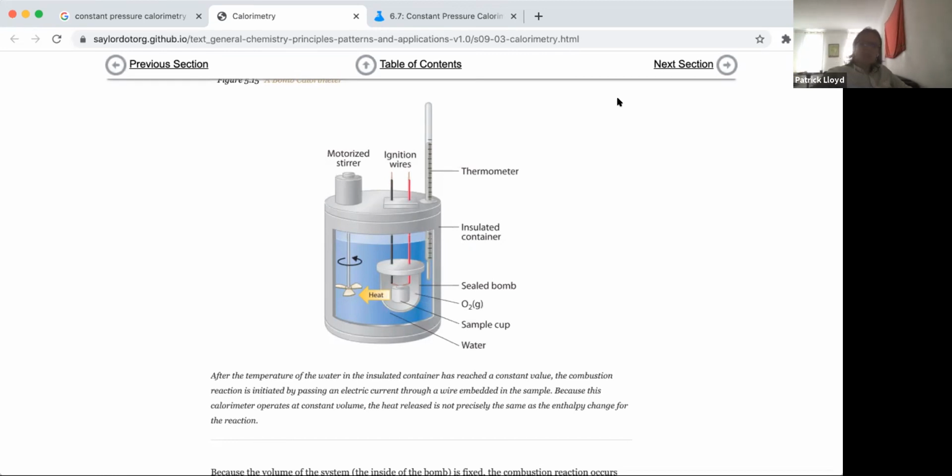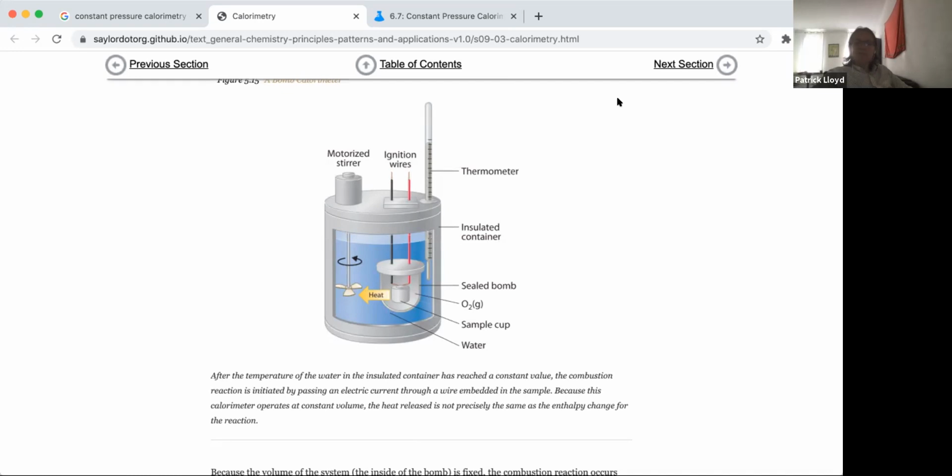Inside, the sealed bomb has high pressure oxygen that's been put in there. This picture doesn't really show how they get the oxygen in there, but there's usually a little metal tube connected to it that you can open and close to fill it with oxygen. So very high pressure oxygen, maybe 30 atmospheres of pure oxygen, just to make it burn very rapidly and very well.